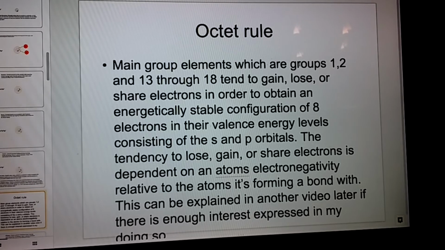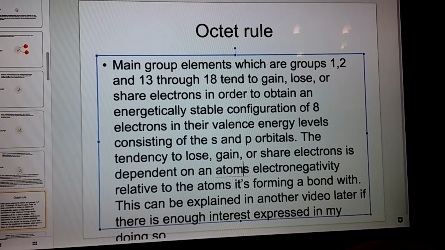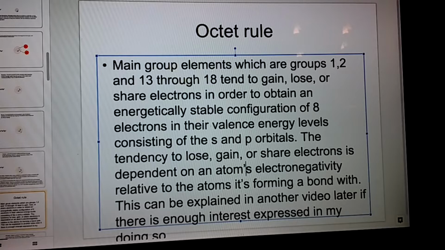The tendency to lose, gain, or share electrons is dependent on an atom's electronegativity relative to the atoms it is forming a bond with. This can be explained in another video later if there's enough interest expressed in my doing so.